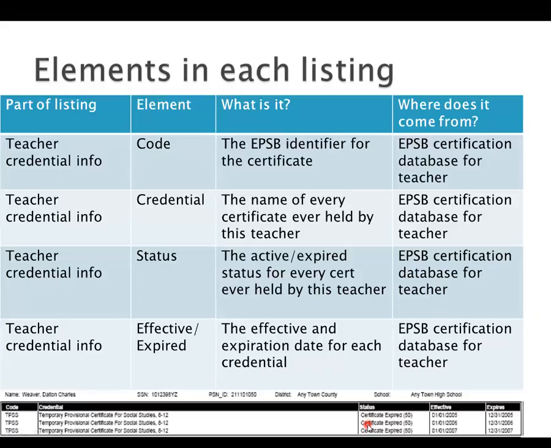Notice I did not say teacher statement of eligibility because a teacher statement of eligibility is not considered an active credential until they've actually gotten an internship certificate. As long as you see one of those active statuses there, though, that teacher does have a valid credential.